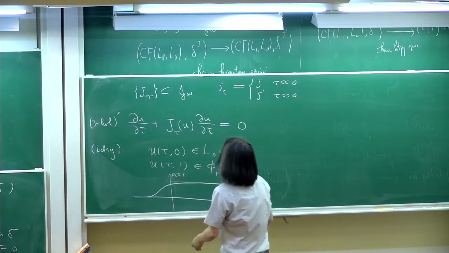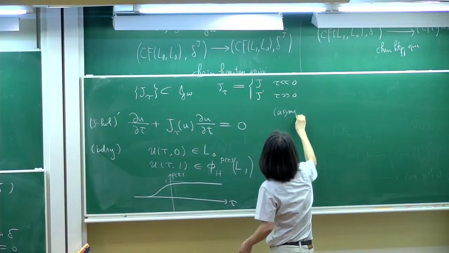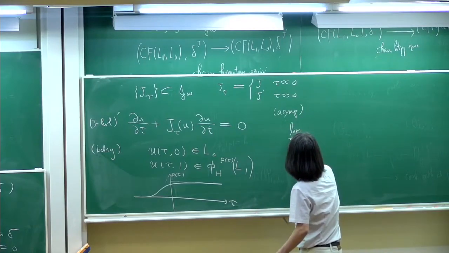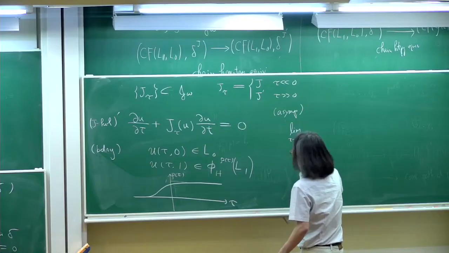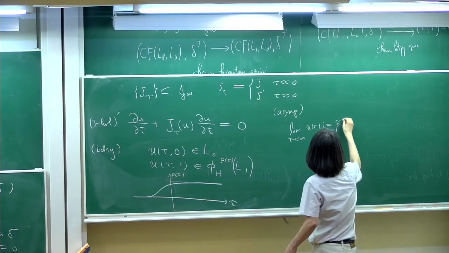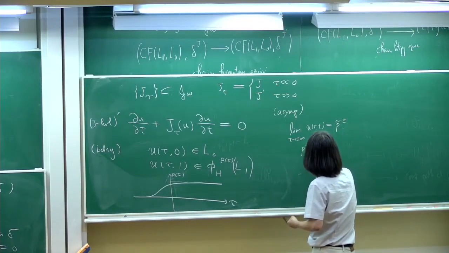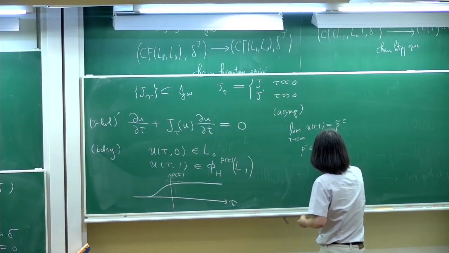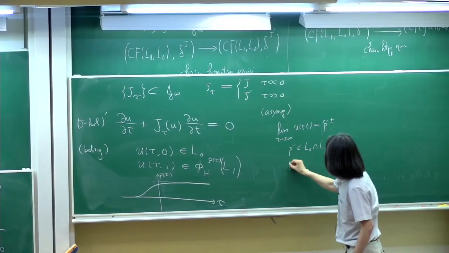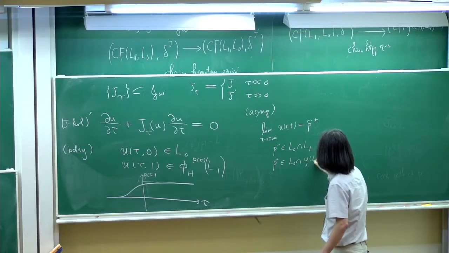The asymptotic condition is the same. So I want to write the limit as tau goes to plus or minus infinity of u(tau, t) is equal to p tilde plus or minus, and this p minus is an intersection point of L0 and L1, and p plus is a point in L0 and phi of L1.